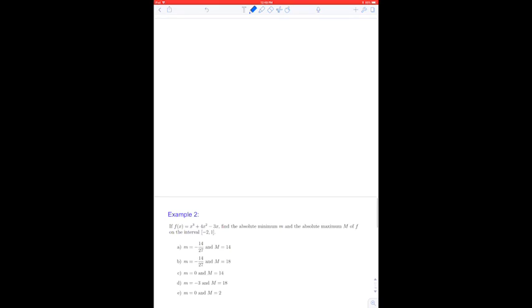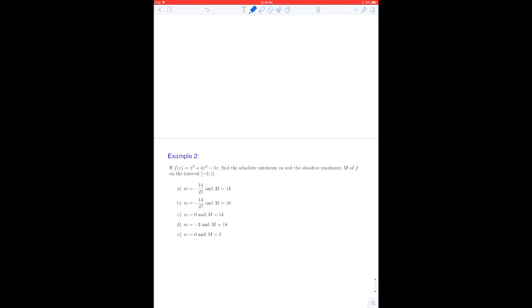Okay, example number 2. If the function f of x is defined again as a polynomial, x cubed plus 4x squared minus 3x, find the absolute minimum m and absolute maximum, the capital M, of the function on the interval from negative 2 to 1.